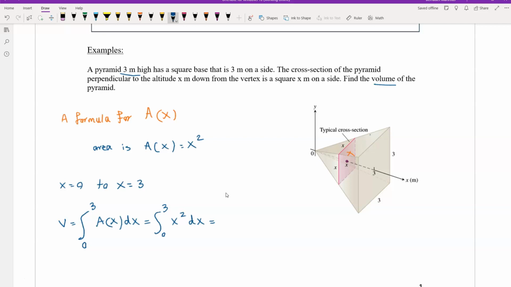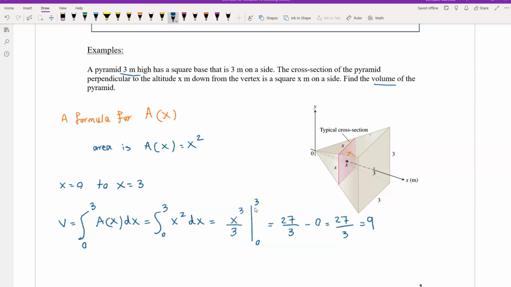This is equal to x squared, adding 1 to the power, x cubed divided by 3, from 0 to 3.